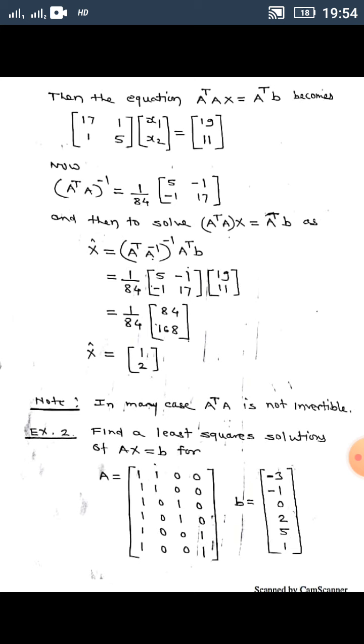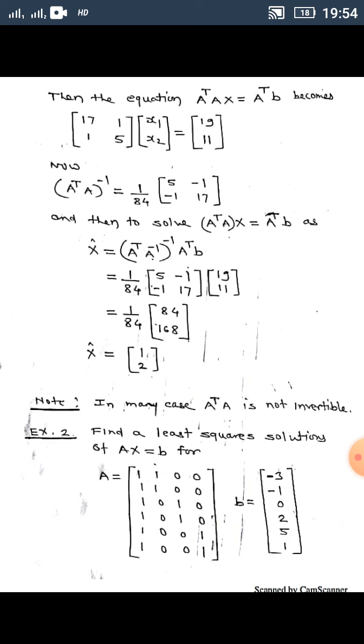So 17 into 5 is 85, 1 into 1 is 1, so 85 minus 1 is 84. So A transpose A inverse is 1 upon 84, and 17 takes the place of 5, 5 takes the place of 17. So 5, 17, 1, 1.